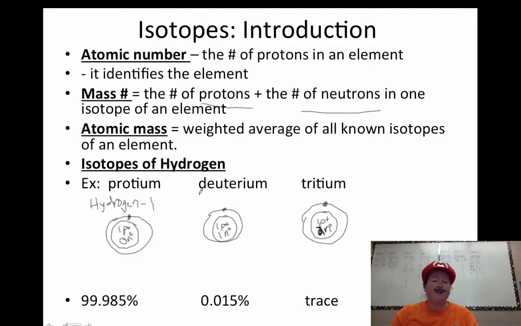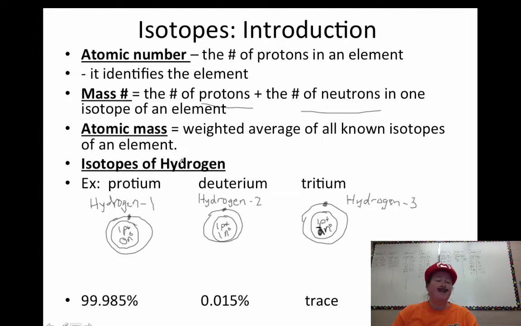So that would be hydrogen-1. This would be hydrogen-2. And tritium would be hydrogen-3. Okay, so that is hyphen notation, a way to designate each of the 3 different isotopes of hydrogen.